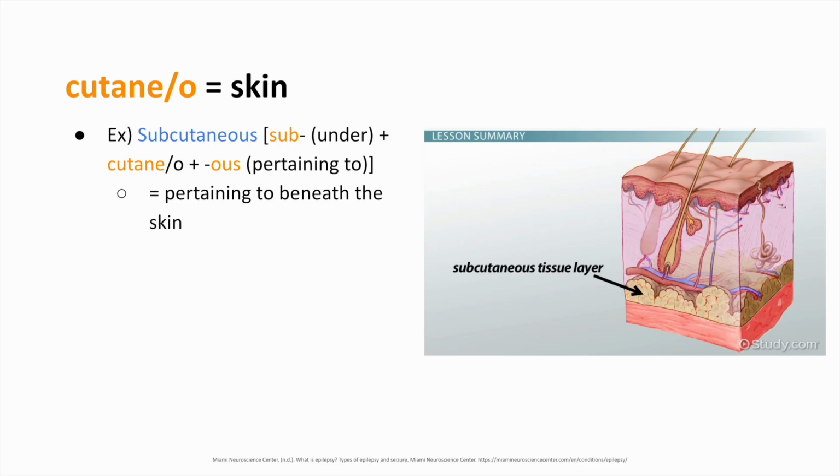The very top part, the outer layer of your skin, is the epidermis, and below is the dermis. Until the epidermis is what we consider skin. Beneath that is the subcutaneous layer, where you would also find a lot of fat tissue, adipose tissue.